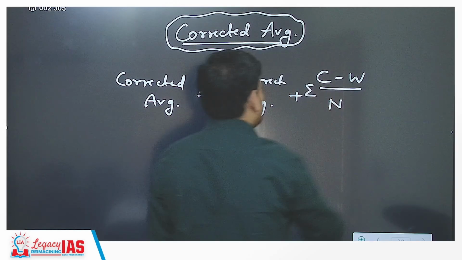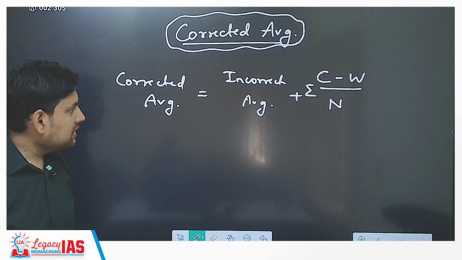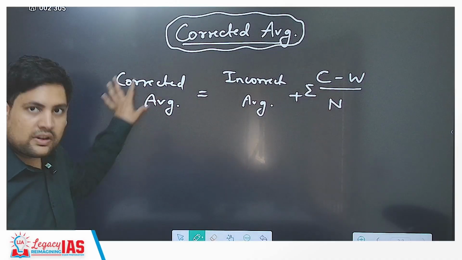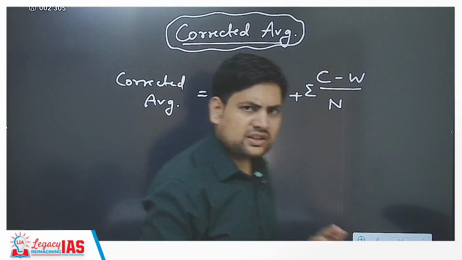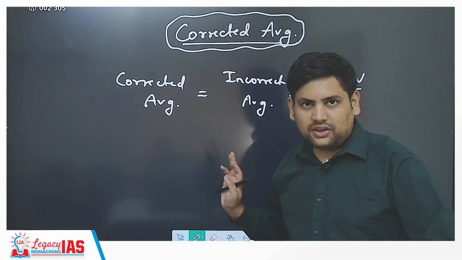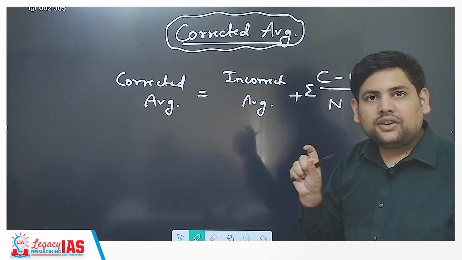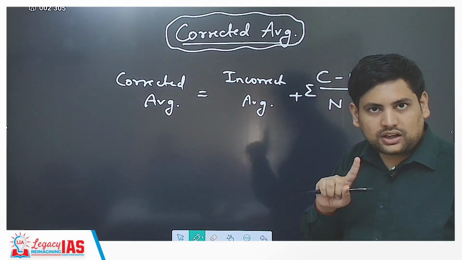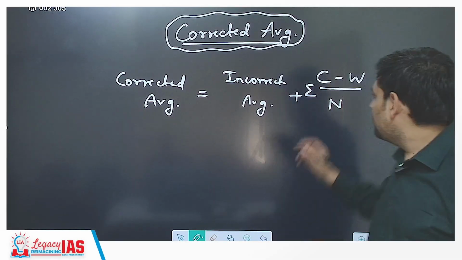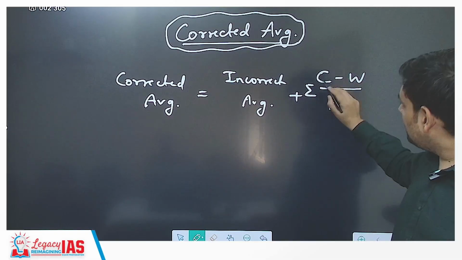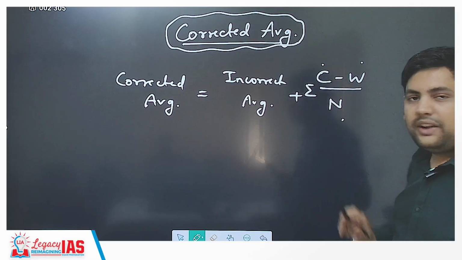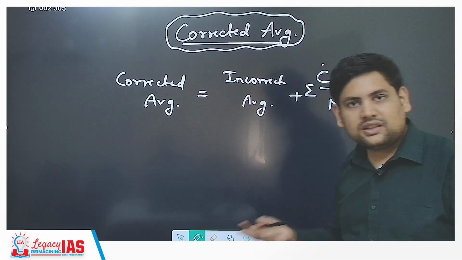Now what does this mean? Basically, if you have to find the corrected average, you write whatever is the incorrect average that is given in the question, and then for all the entries you are given what should have been the correct value and what was recorded wrongly. So both of these you know, and you simply do c minus w divided by n. N means the same, that is, the number of observations.